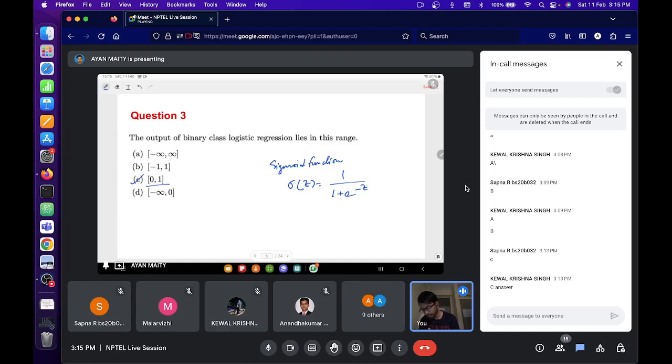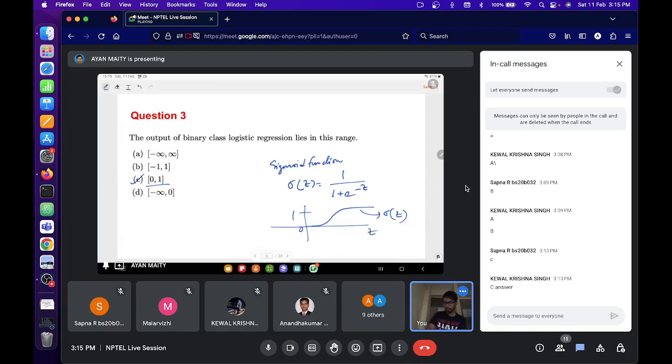Because of this sigmoid function, if you plot it, you will observe that its value ranges from 0 to 1 like this. So this is the sigma curve.